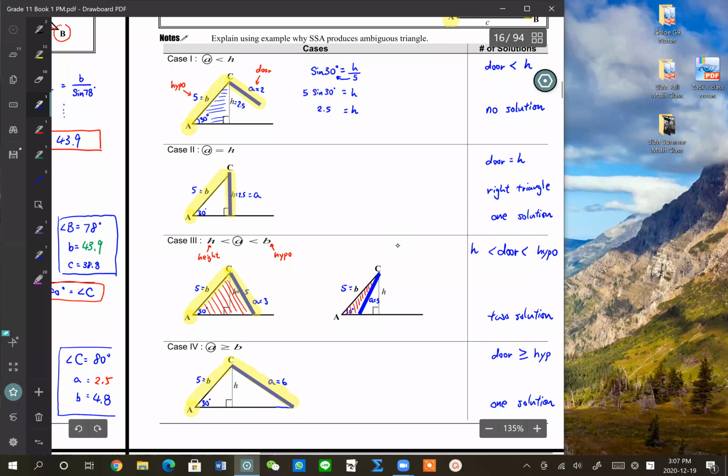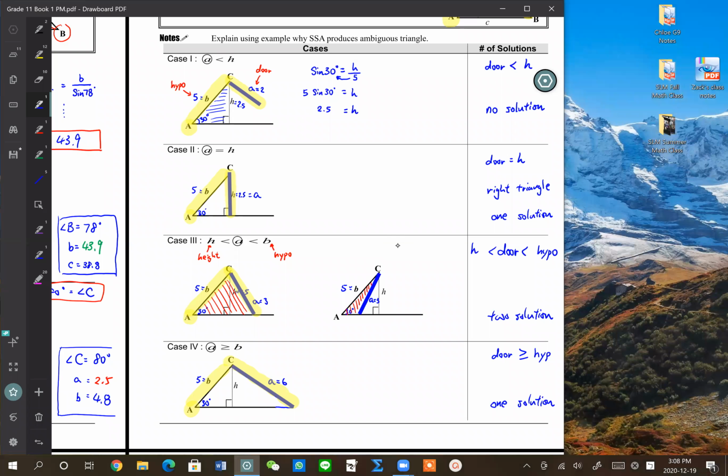Two solutions means it's in between, so you can either place the door on the outside or push the door to the inside. And then one solution, the last one, is when the door is too long to put it on the inside, so you have to put it on the outside. You only need to worry about this when you are given an ASS, angle, side, side.